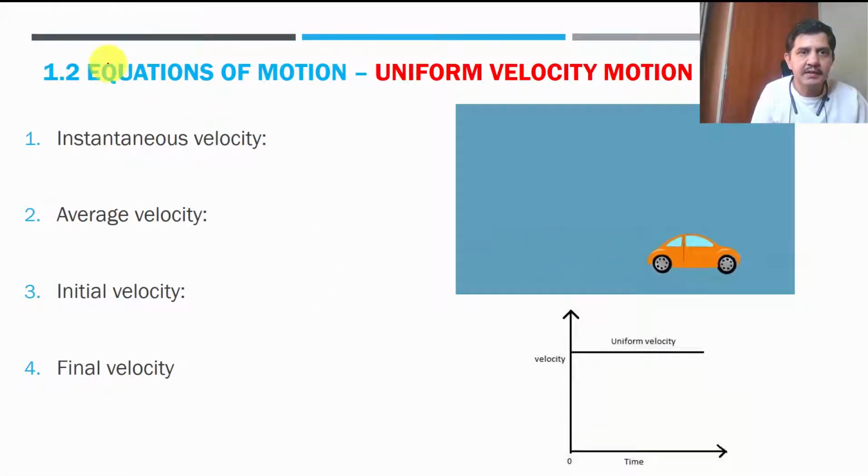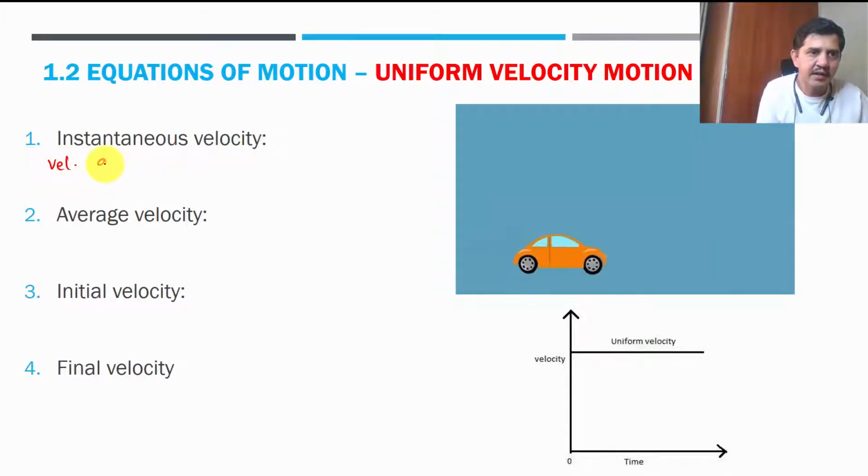Now here you see, I have described 4 different types of velocities. Let us understand them one by one. The instantaneous velocity is the velocity at a given instant of time. What do we mean by that?